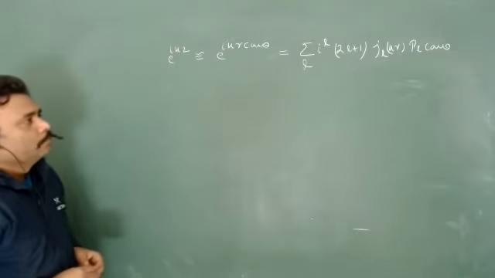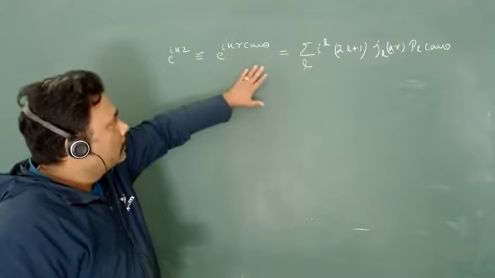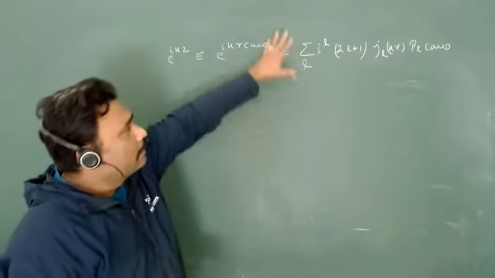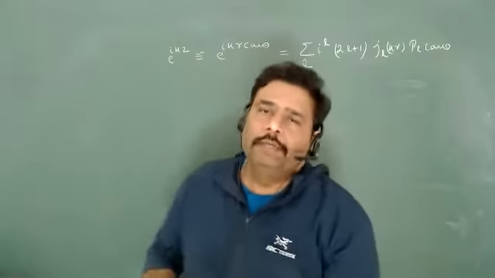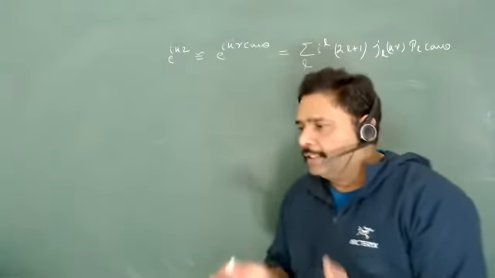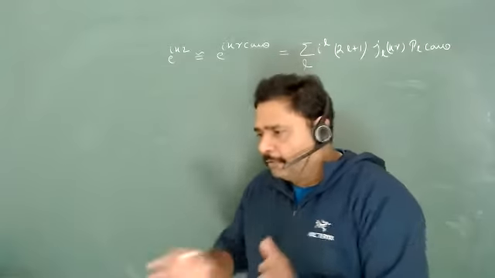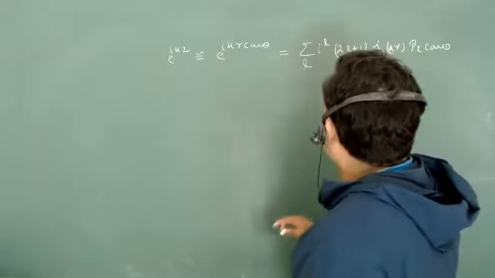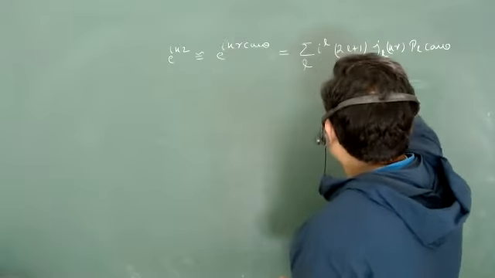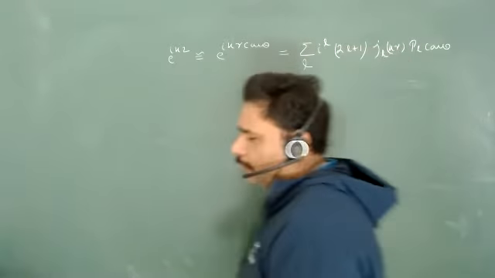Any function of the polar angle you can write in a basis of P_l(cos theta). You have to do some exercise, but you can write it. This is the thing we are just using, and since this is a function of kr, it will be the radial part of the solution.